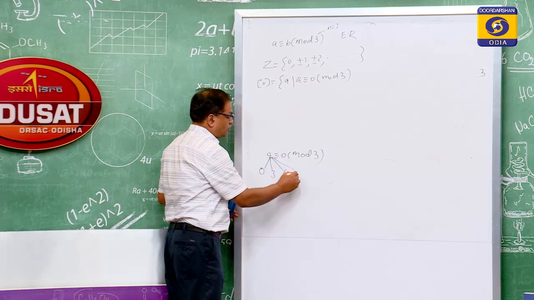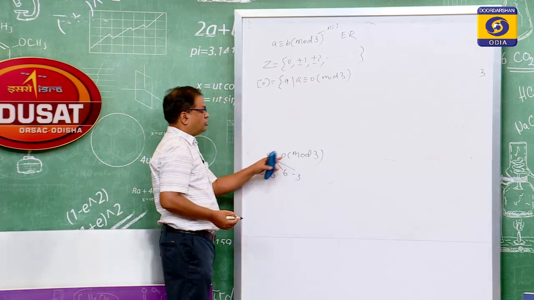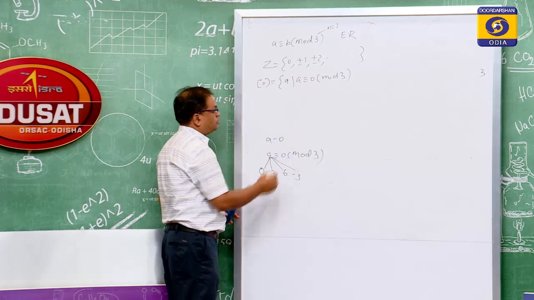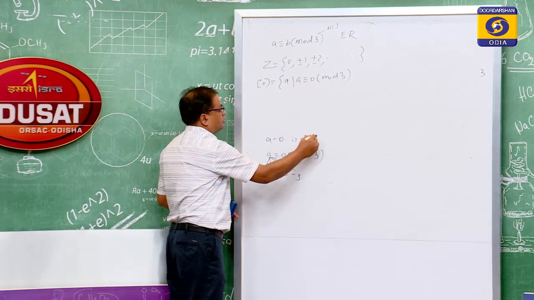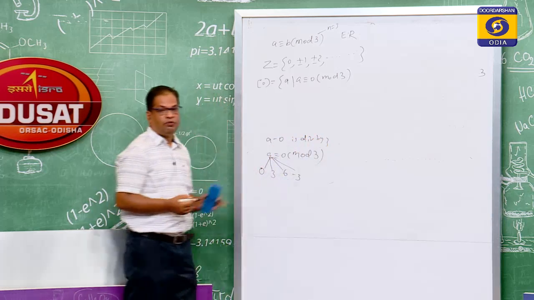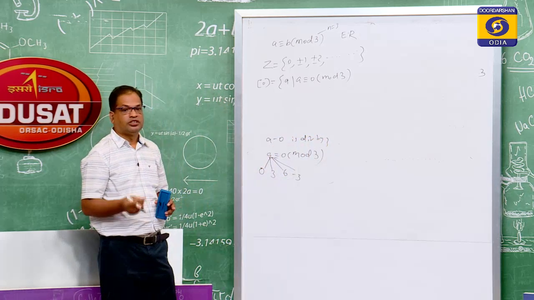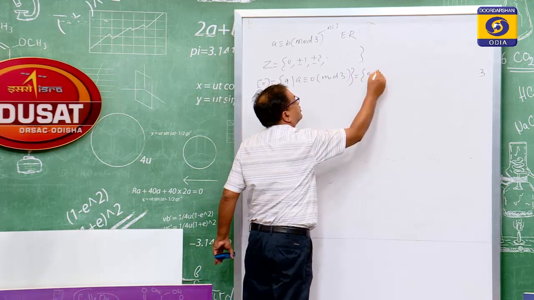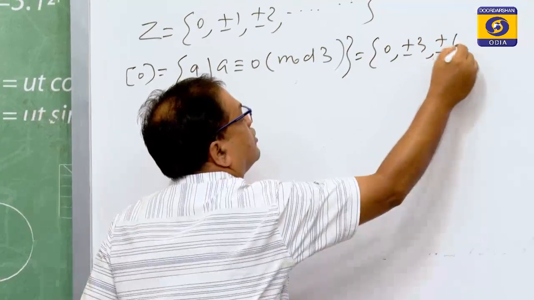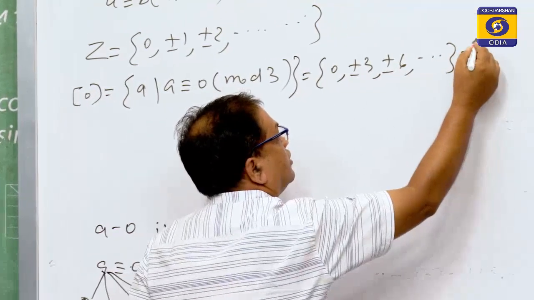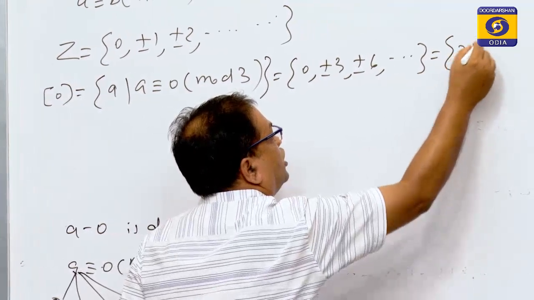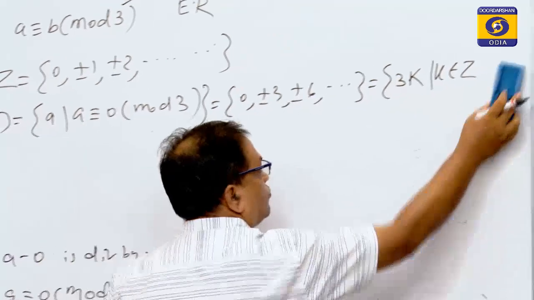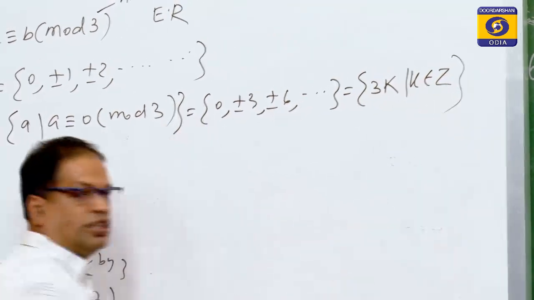Also negative integers: minus 3 minus 0 is divisible by 3. What you have to check is that a minus 0 is divisible by 3. So, the value of a will be 0 or plus minus 3 or plus minus 6 like this. That is, it is of the form 3k, where k belongs to Z.